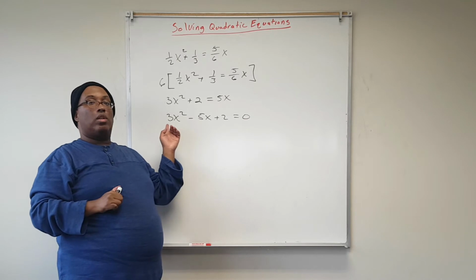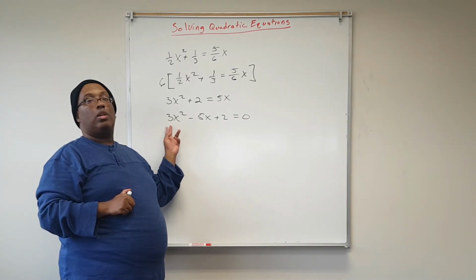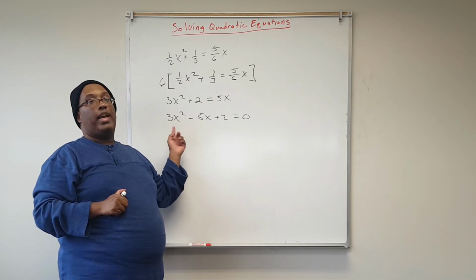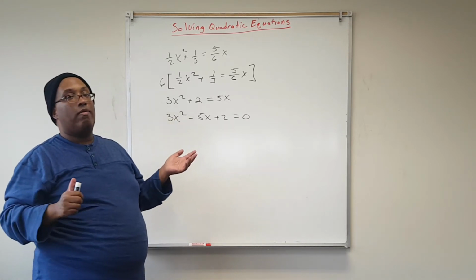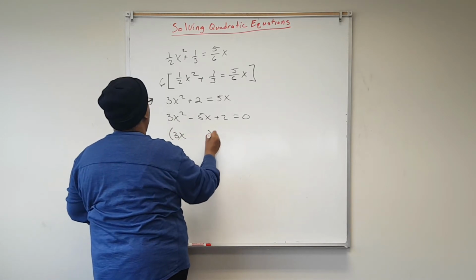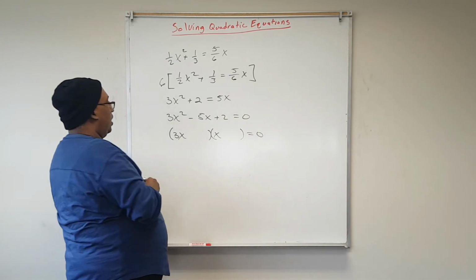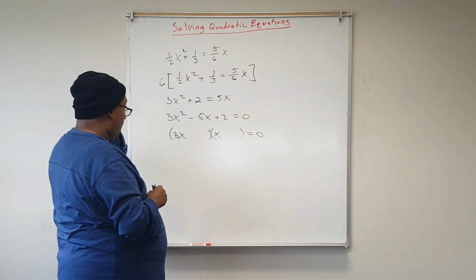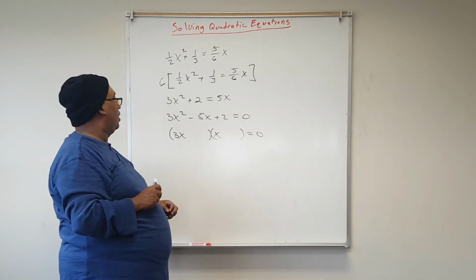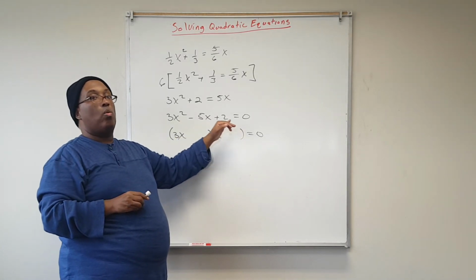Here again, the leading coefficient is a prime number, so we have only one option when factoring: 3x and x. Now, let's see. 2 is also prime, so we only have one option here, 2 and 1.